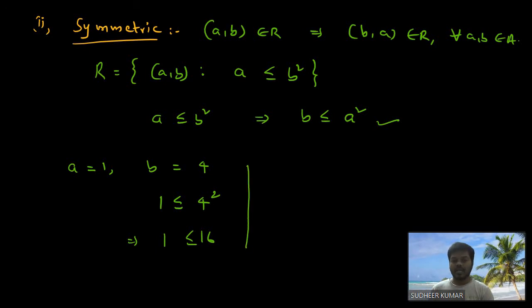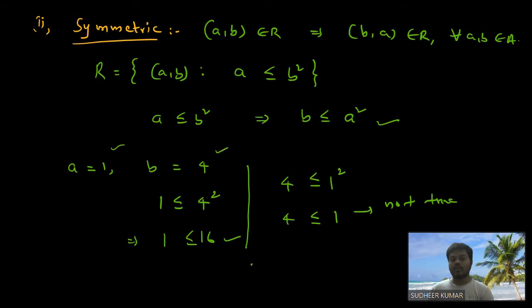Now the next case is b less than or equal to a square: 4 is less than or equal to 1. So this is true, but this is not true. You can take any values instead of that, a is 1 and b is 4. Therefore, R is not symmetric.